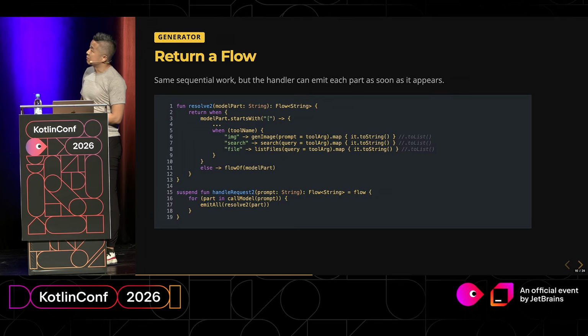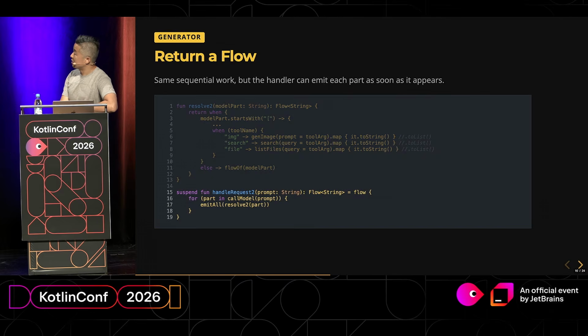A function that returns a flow gives you the ability to emit the results as soon as they are available. So here, instead of collecting the new results to a list, we emit a response right away. And the handle response will now emit whatever chunks are produced by the new implementation. So let's give it a try.